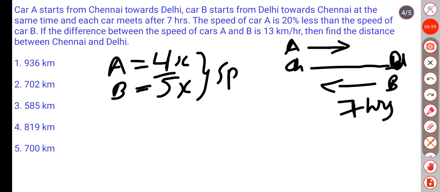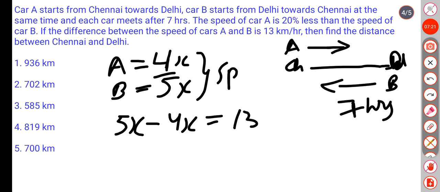If the difference between the speed of cars A and B is 13 km/h, then find the distance between Chennai and Delhi. So the difference between speed of cars A and B, that means 5x minus 4x, you get 13 km/h. So 5x minus 4x is 1x, then 13.